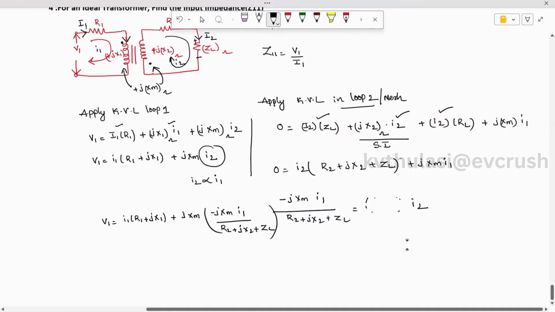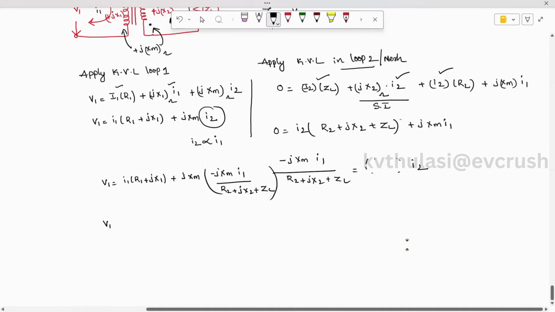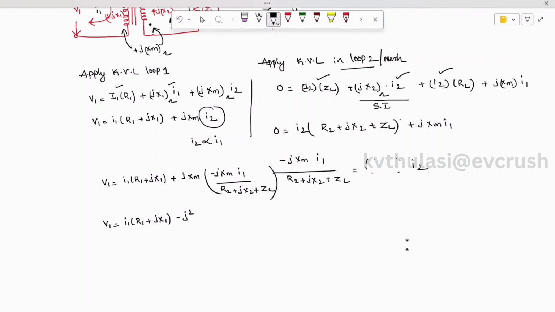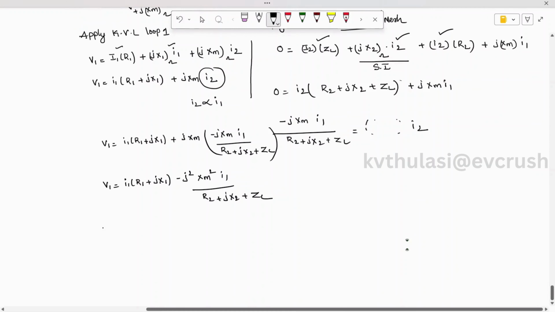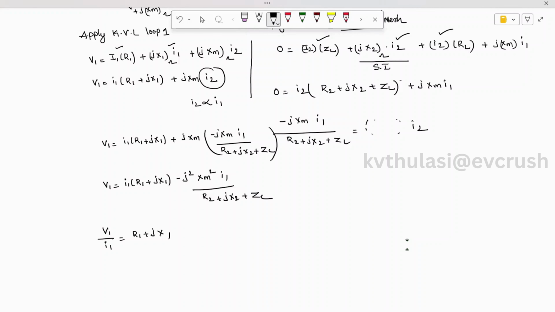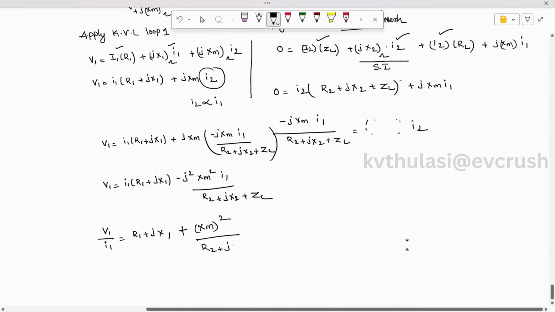Taking I1 as a common term, and since j square is minus 1 and minus into minus is plus, V1 by I1 is equal to R1 plus jX1 plus XM whole square divided by R2 plus jX2 plus ZL.